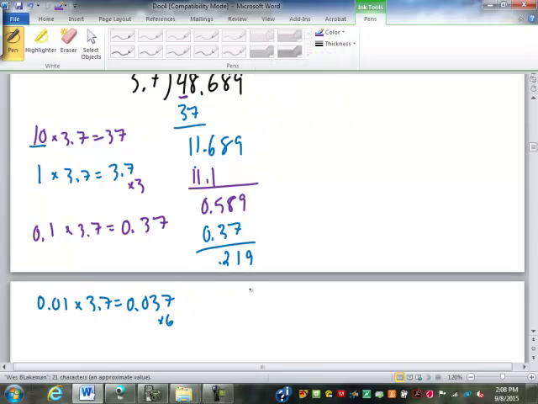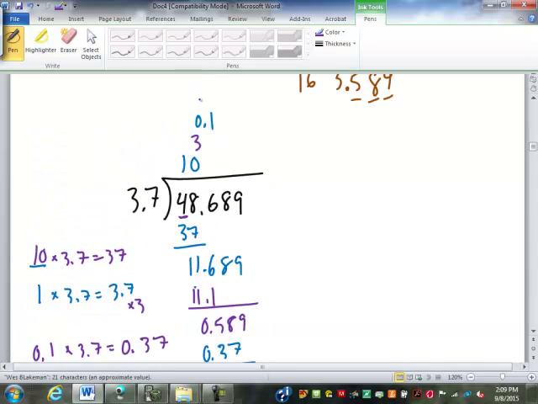Times 6 would be, that's not going to go, is it? Yeah, so I did times 5. 5 times is going to give me 0.185, which is 0.034. So that's 5 times 0.01, so that's 0.05.